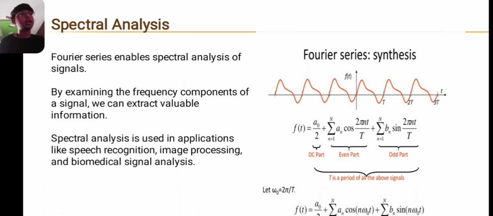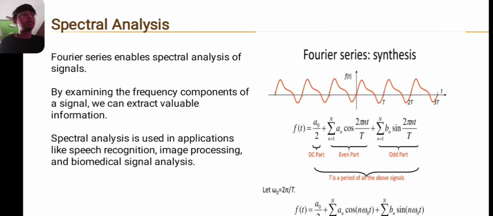Then here we can see the Fourier synthesis formula. f(t) is equal to a0/2 plus summation of n equals 1 to infinity of an cos(2πnt/T) plus summation of n equals 1 to infinity of bn sin(2πnt/T).